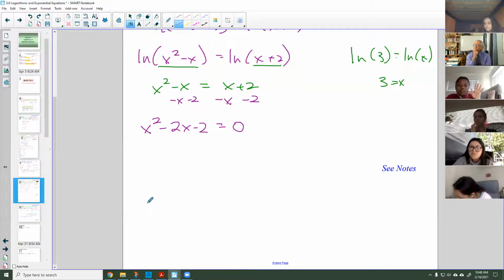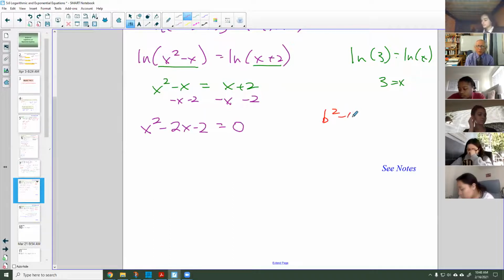Yeah, Mia. Would you use the quadratic formula? I think that's just what I would use. So I'm going to start out with b squared minus 4ac. And you remember it's ax squared plus bx plus c.